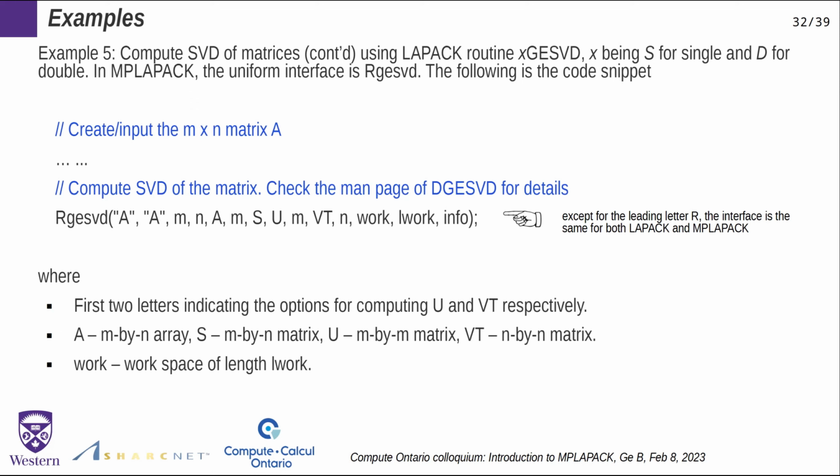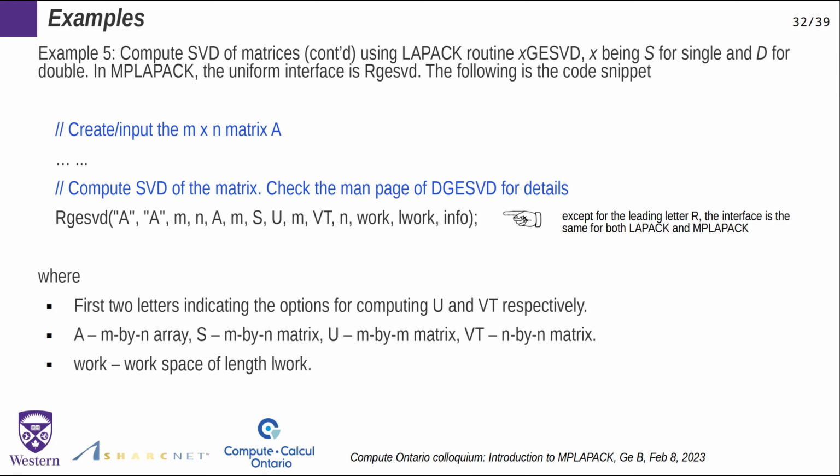For example, AXPY, which computes the scalar multiplication of a vector x and adds it to y, storing the result in vector y, and a copy of an object from A to B, and a dot product of two vectors, and the GEMM matrix multiplication.